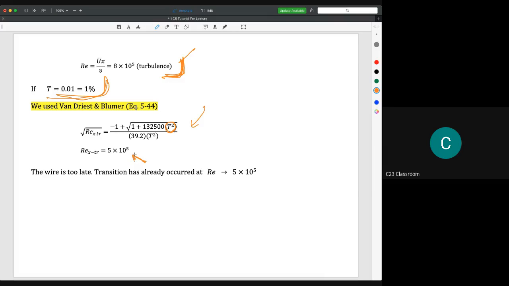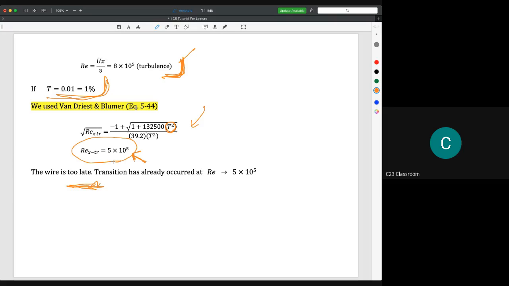This means the location of the trip wire is actually too late, because if your free stream velocity has an element of turbulence, the transition will occur earlier. According to this calculation, the change from laminar to turbulent occurs at 5 times 10 to the power of 5.